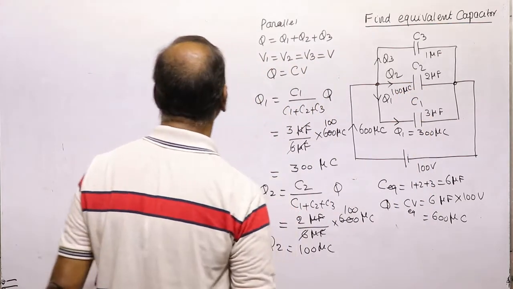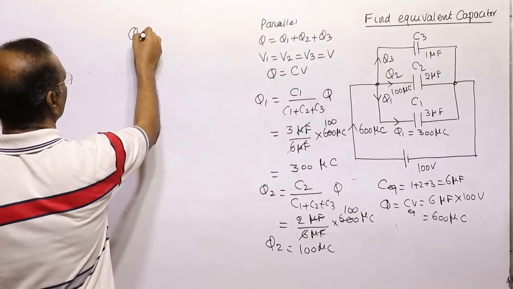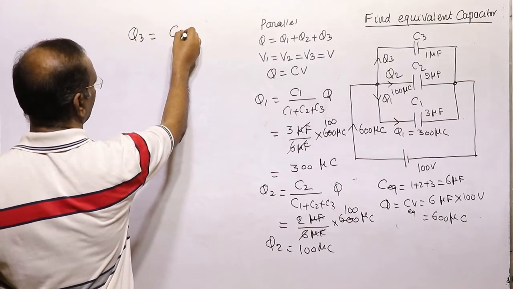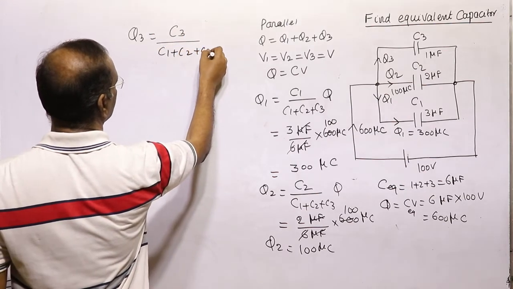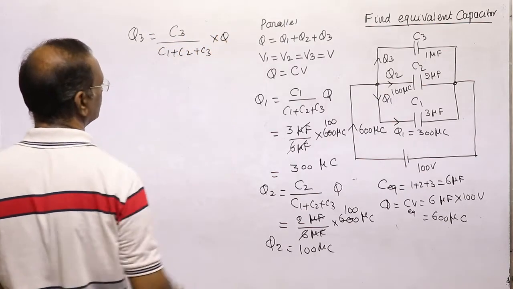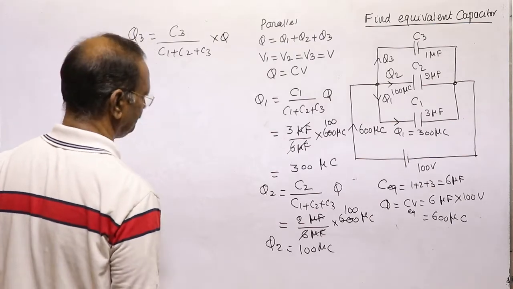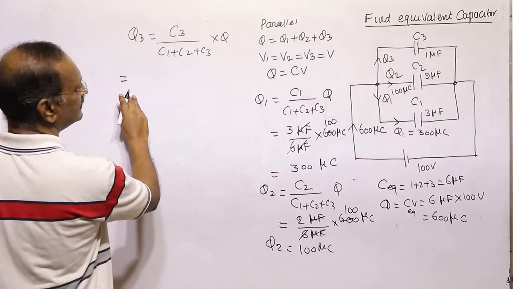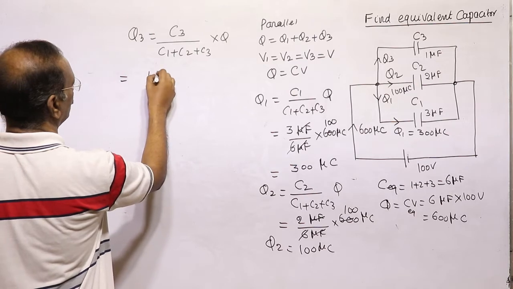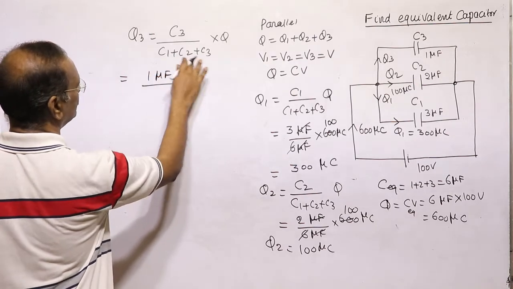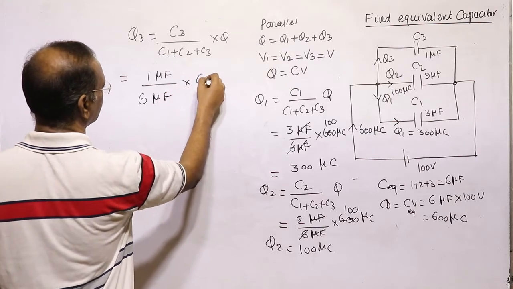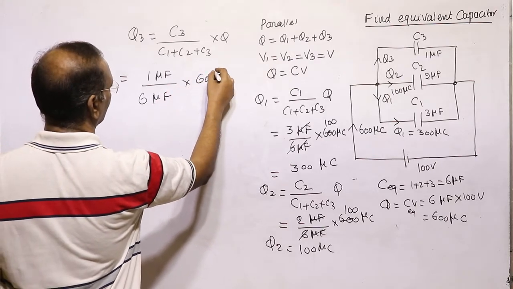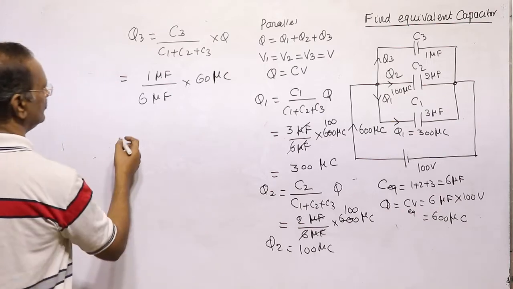What about Q3? Q3 is equal to C3 divided by C1 plus C2 plus C3 into the net charge. C3 is equal to 1 microfarad, divided by 6 microfarad, into Q, which is 600 microcoulomb.